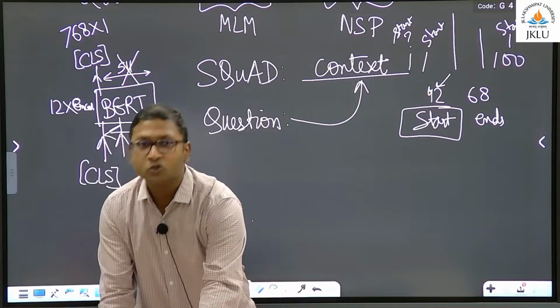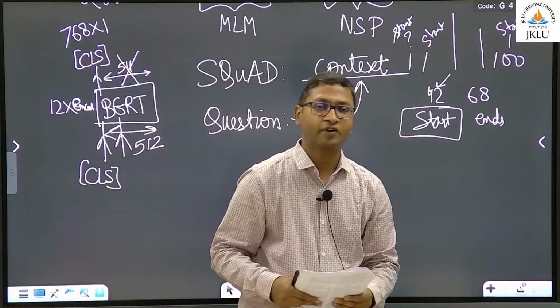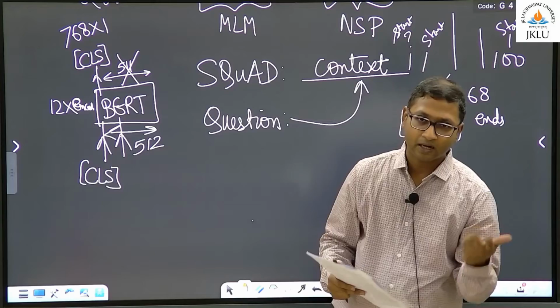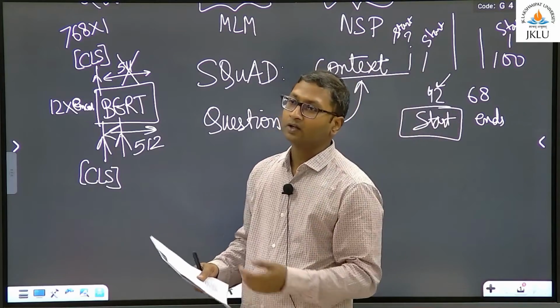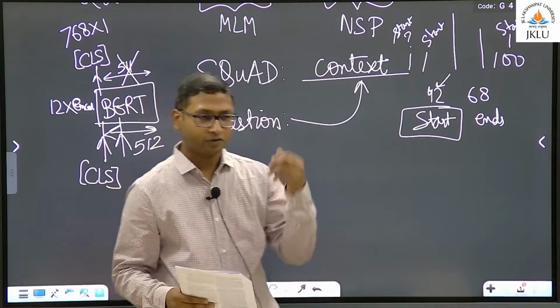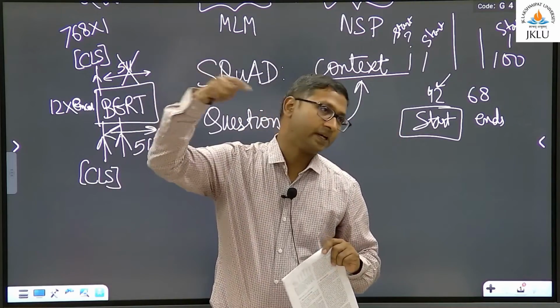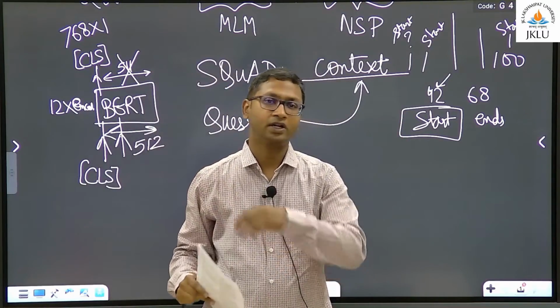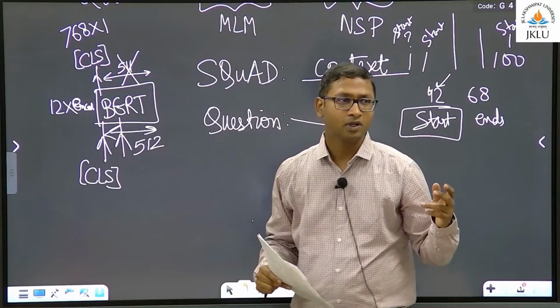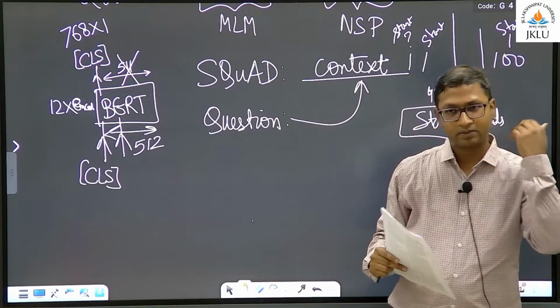And there are so many BERT variants. You will find ALBERT, RoBERTa, DistilBERT, and many others. Every domain made their own BERT. There is something called LegalBERT, and I think MedBERT.